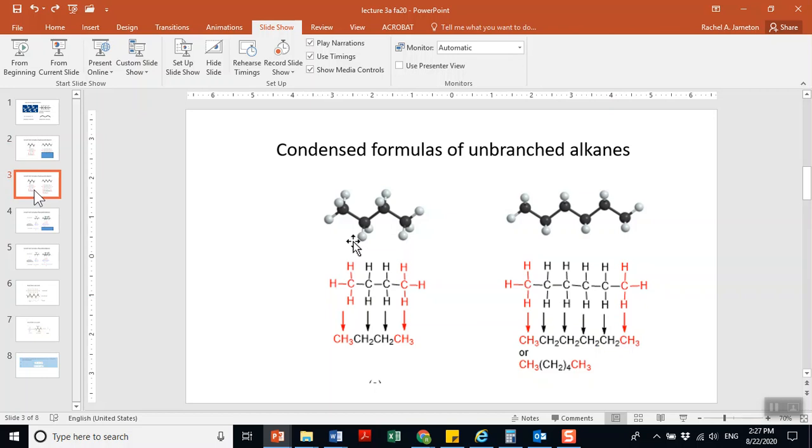Alrighty, so hopefully you were able to translate the CH3s and CH2s into that single line condensed formula. Since we're just writing a bunch of CH2s in a row, one thing that you can do to shorten the amount of writing is use a little subscript after parentheses saying that you have 4 CH2 groups in a row.